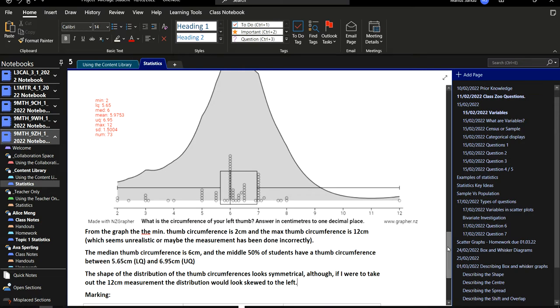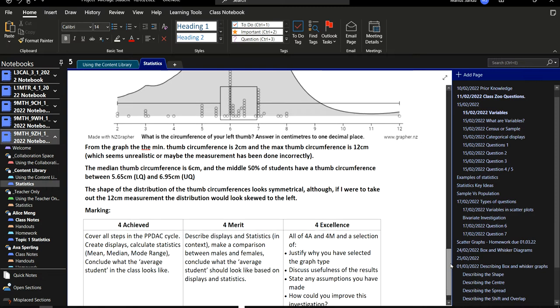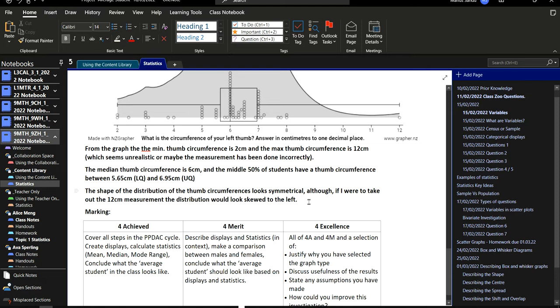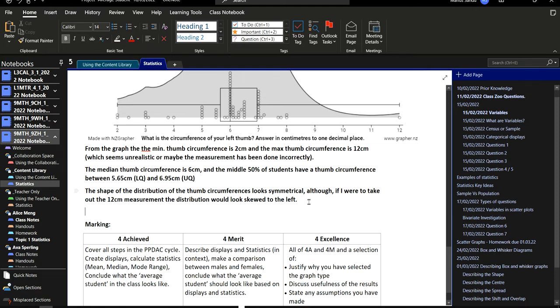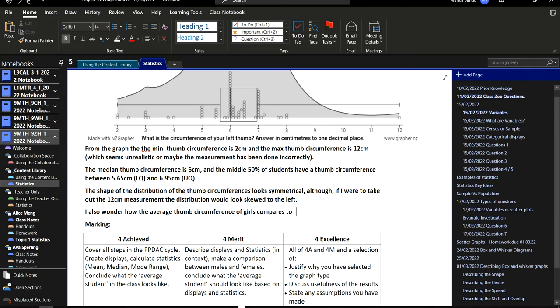Now, those of you who might aim for excellence, yes, I also wonder how the average of girls compares to that of boys.